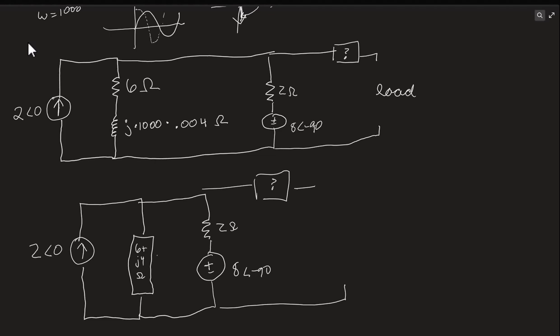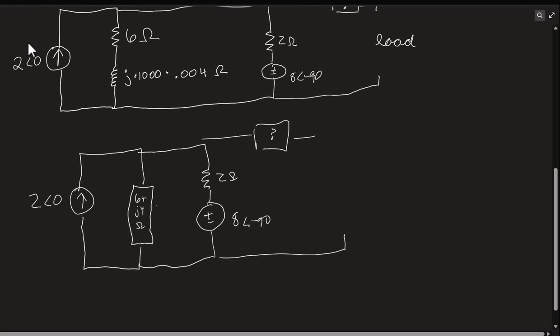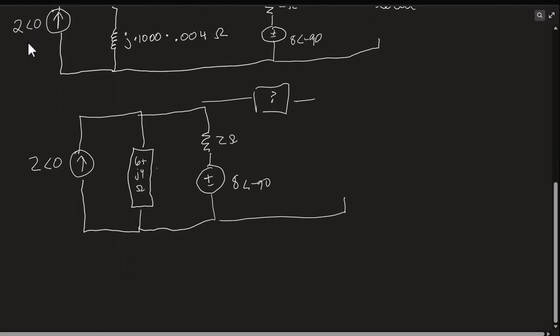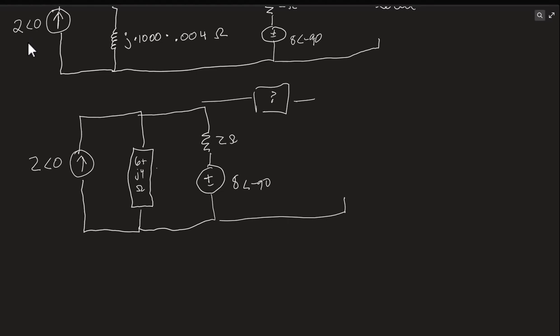Okay, so any ideas what we would do here if we're trying to get the equivalent impedance of the rest of this circuit? I guess that's parallel with that. So what's parallel to what? 6 plus j4 is parallel to the resistor.